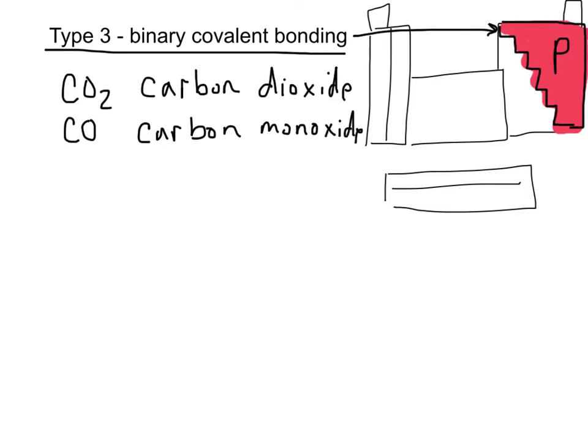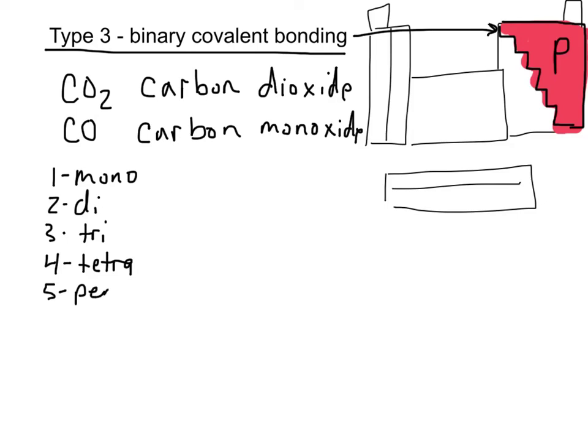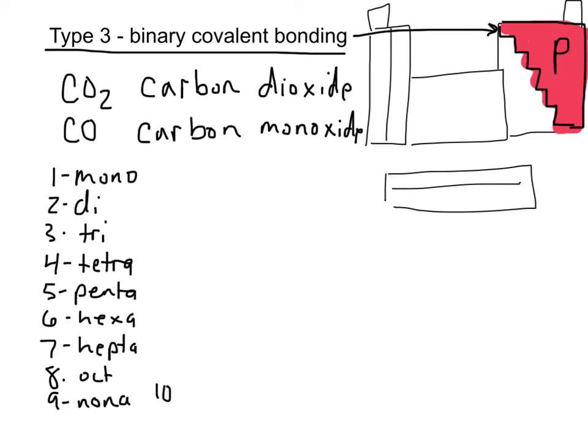So let's talk about the prefixes really quickly. 1 is mono, 2 is di, 3 is tri, 4 is tetra, 5 is penta, 6 is hexa, 7 is hepta, 8 is octa, 9 is nona, and 10 is deca. Now you're probably not going to get up past that in what we're doing.